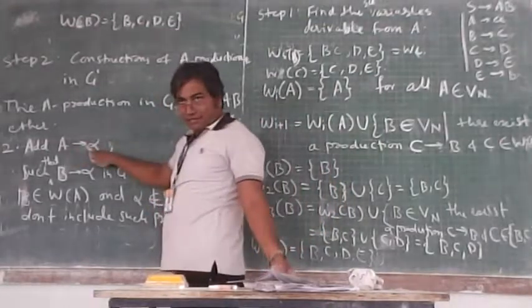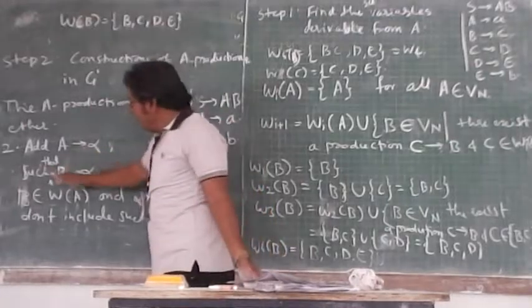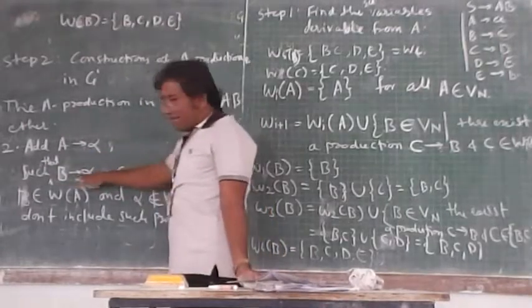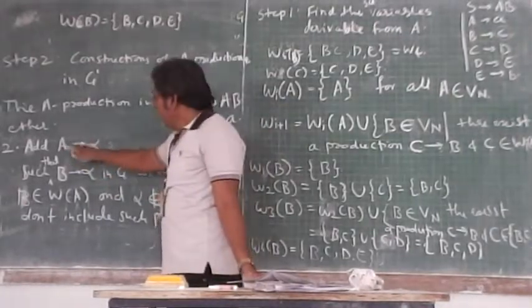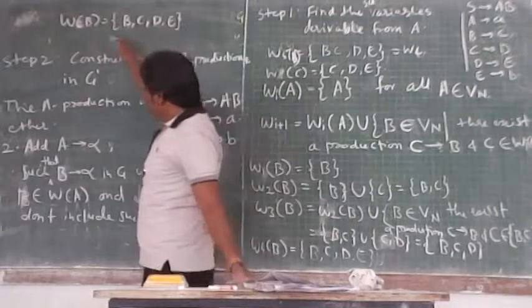Add such productions such that there is a B implies alpha production. A is what? The working set. A in our case is B.